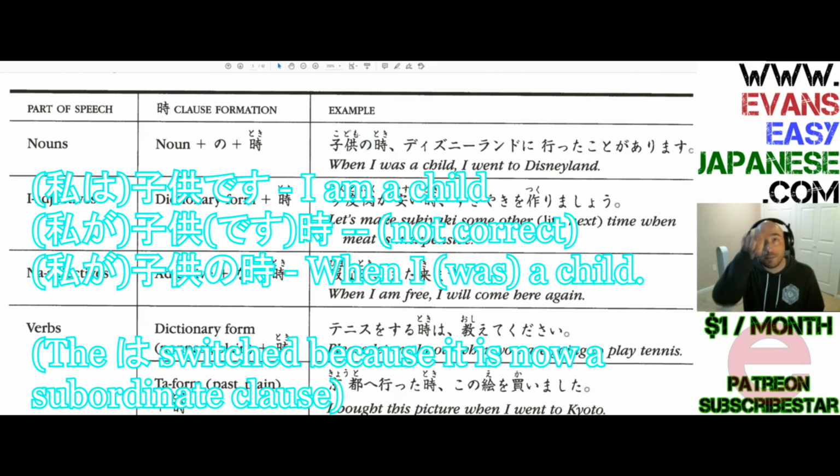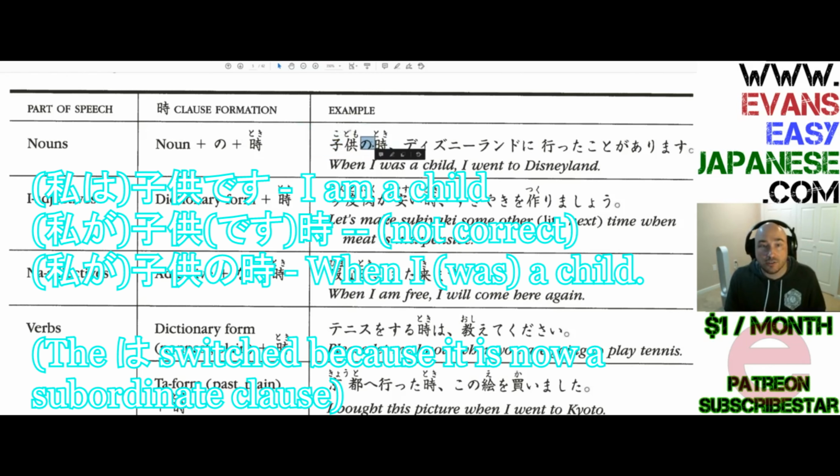All of those apostrophe S things that you've been learning that mean it's my bag, it's her book, technically you're actually saying it's the book that is me. It is the book that is Evan. So anyway, I'm talking too much about this. Watashi ga kodomo no toki, when I was a child.